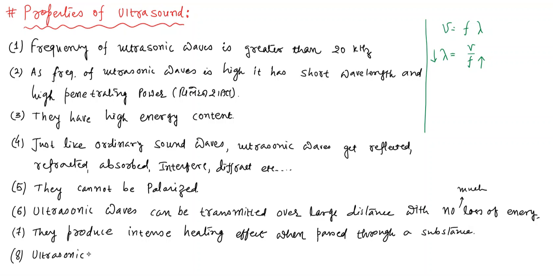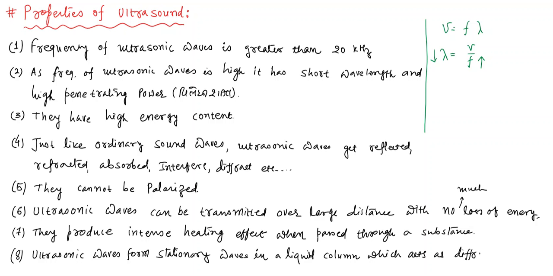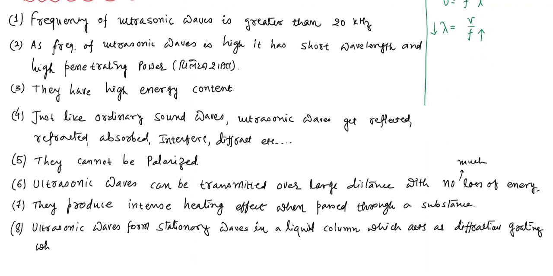Ultrasonic waves form stationary waves in a liquid column, which acts as a diffraction grating, and this type of grating is known as acoustic diffraction grating.